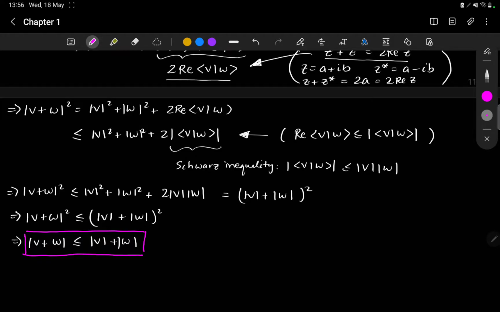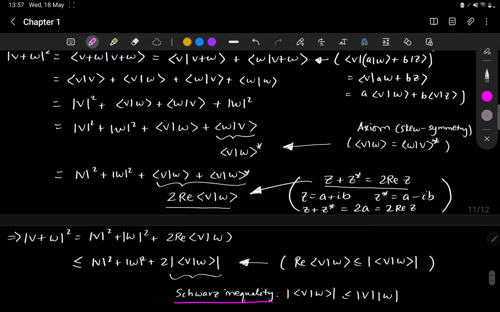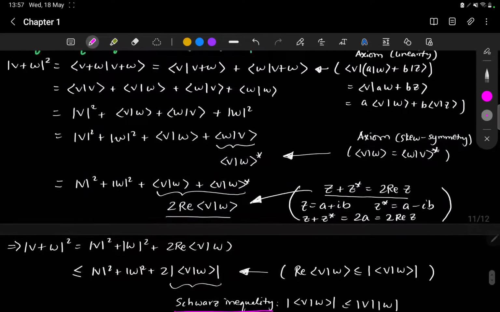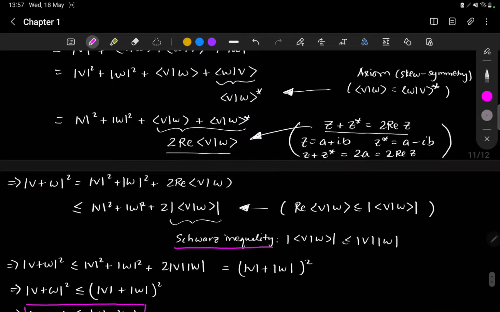Just before proceeding, this was an identity that we used. This is the Schwarz inequality. So the Schwarz inequality we will prove in another video. But before that, this was the Schwarz inequality, pardon me.